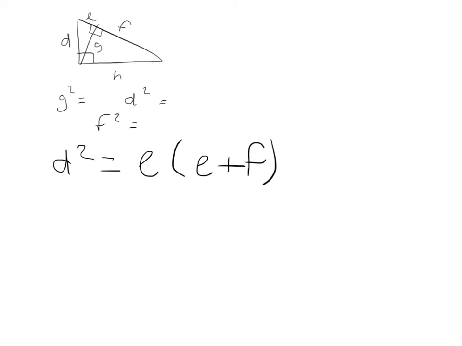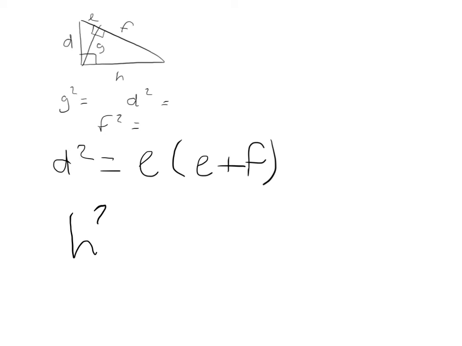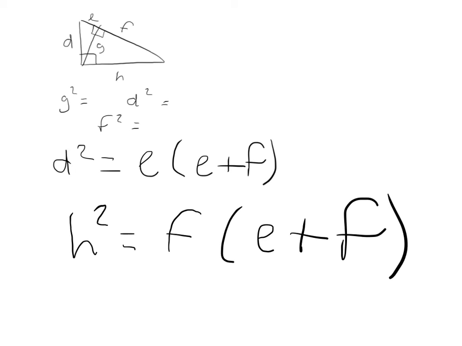If I can do it with leg D, I can do it with leg H as well. So therefore I'm looking at H squared equals the segment closest to H on the hypotenuse, which is F, times E plus F.